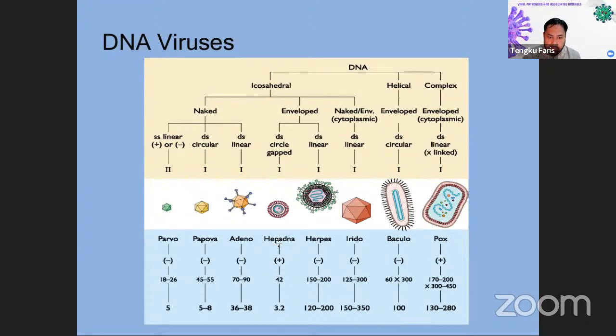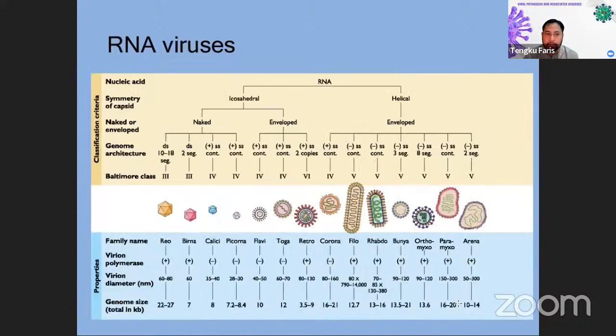We have hepadnaviruses, but it's a plus sign, which means they can convert their DNA directly. Herpes is negative. They don't have the capability. They need to make their own RNA. Irido, baculopox. Okay, so these are all the different types of DNA viruses.